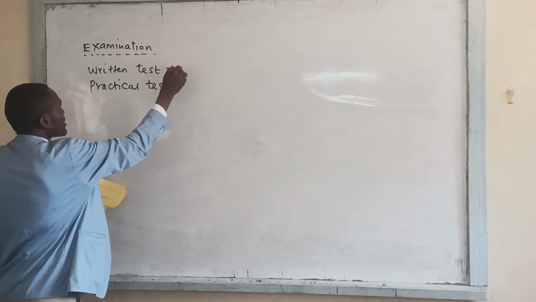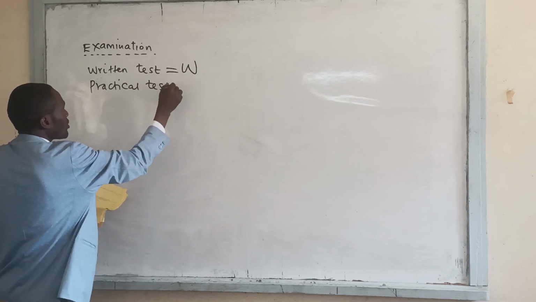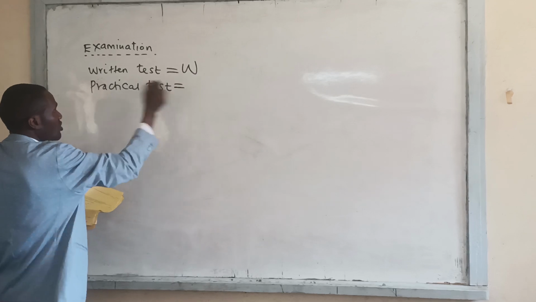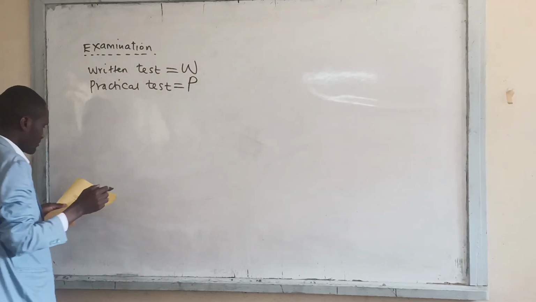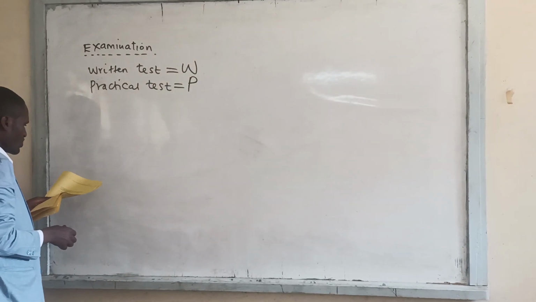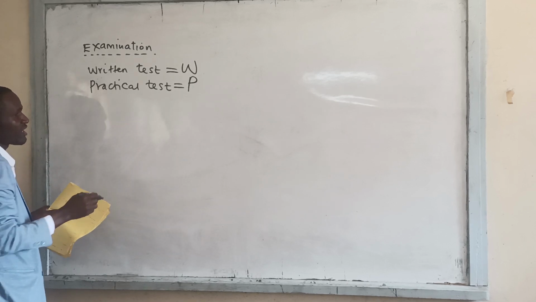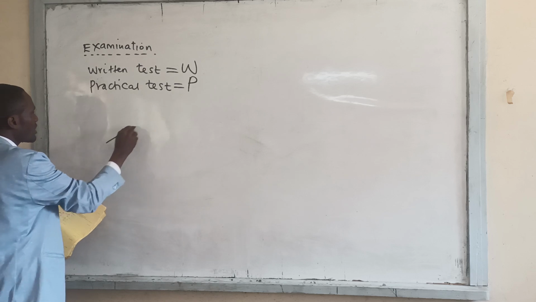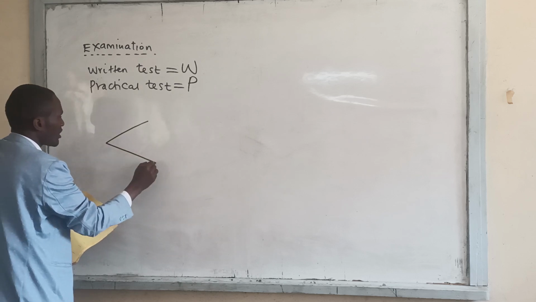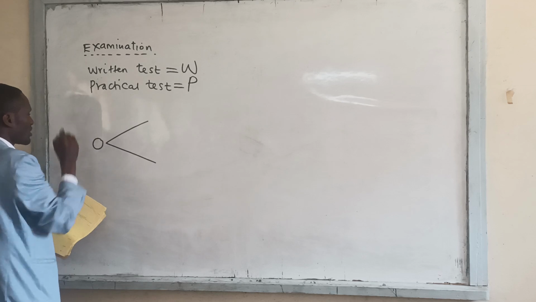I can abbreviate the written test with letter W and the practical test with letter P. The question says the probability that a candidate passes the written test is 6 over 11. So this can be our tree diagram, and of course, this is the origin.